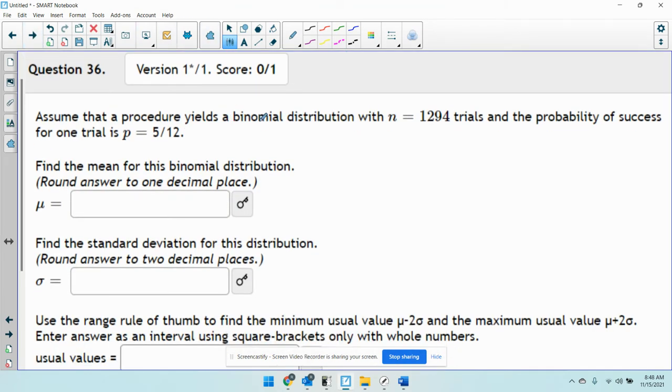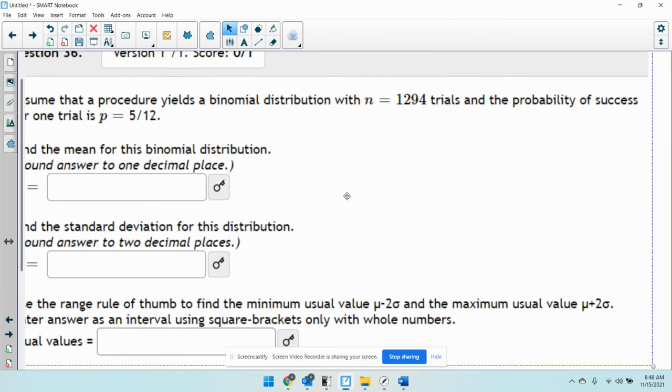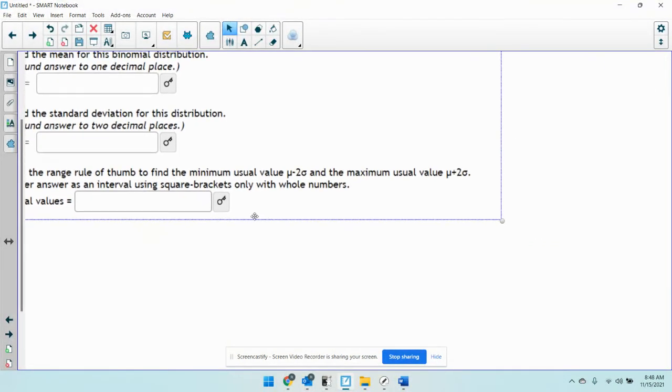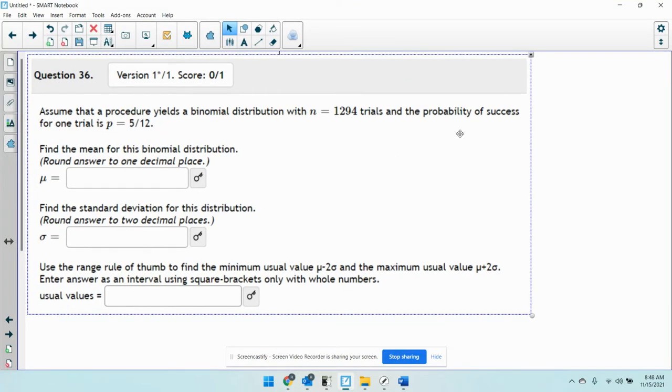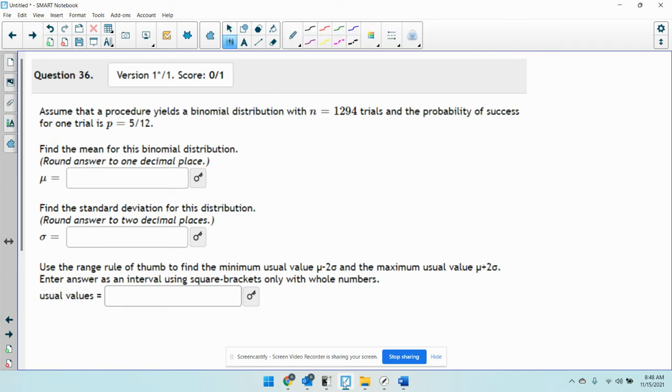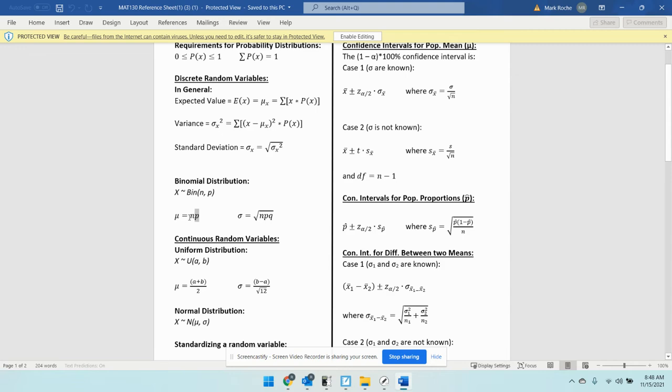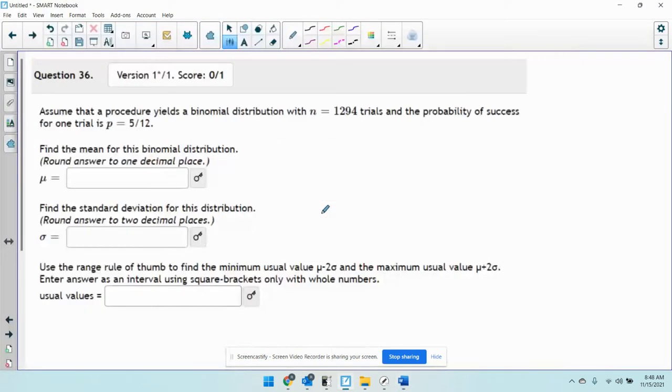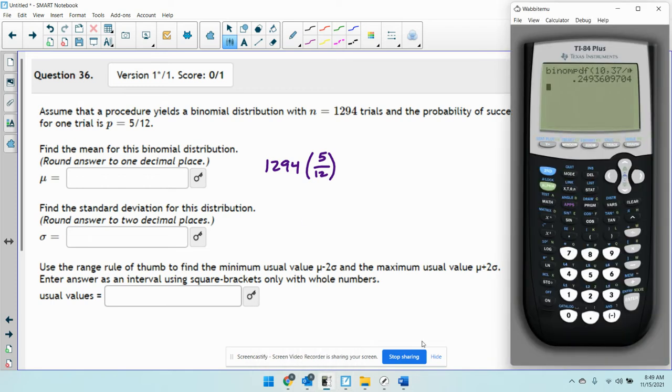All right. This says assume the procedure yields a binomial distribution. Of course, number of trials is 1,294. Success for one trial is 5/12. Find the mean. That's also from our formula sheet. Mean for a binomial is just going to be n times p. So it's n times p, 1294 times 5/12. That's 539.16 or 539.2.